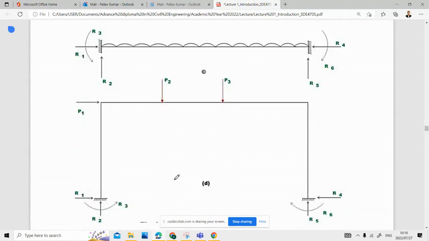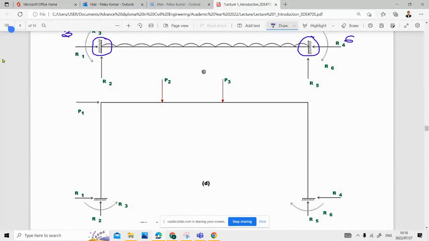You have three reactions here because of the fixed support, and another 3 here, so you get 6, and you have only three available equilibrium equations: summation of Fx equals 0, summation of Fy equals 0, and summation of Mz equals 0. So 6 minus 3, you have 3 unknowns, and that is statically indeterminate externally to the third degree. This is what you need to write out, right?